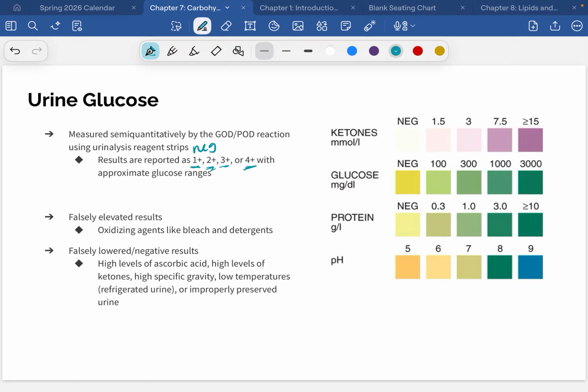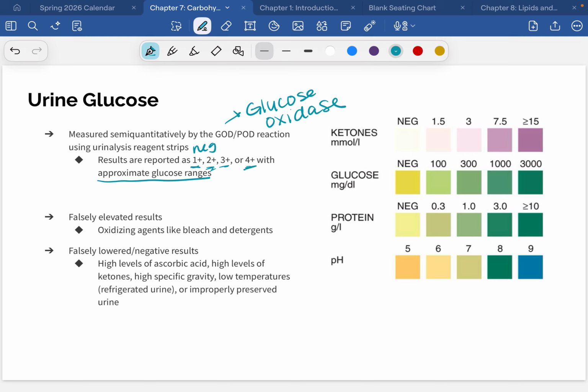And then sometimes they're given approximate glucose ranges. This is measured semi-quantitatively through the glucose oxidase methodology.